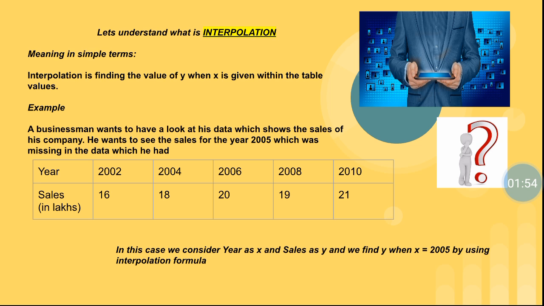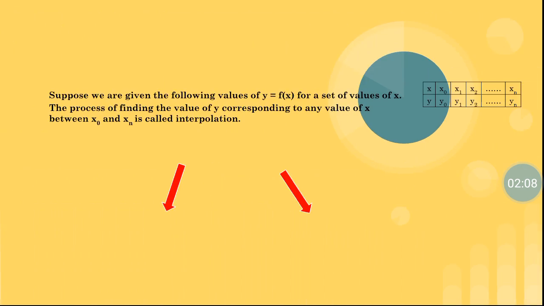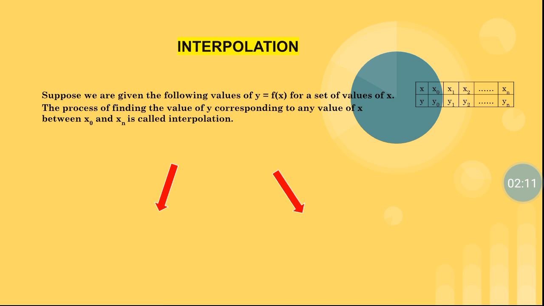So estimating the value of y for the given value of x, which is within the table, will solve your problem. Thus interpolation is used. The entire process of finding the value of y corresponding to any value of x between x0 and xn is called interpolation, and if the value of x is outside the table, then it is called extrapolation.